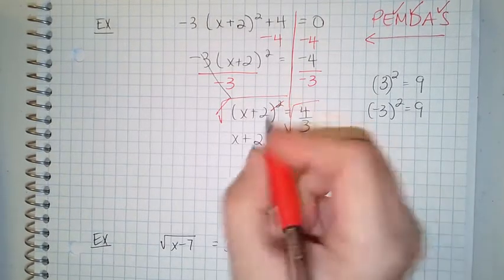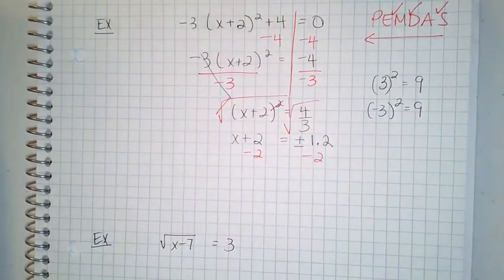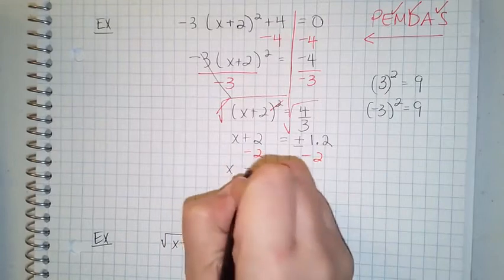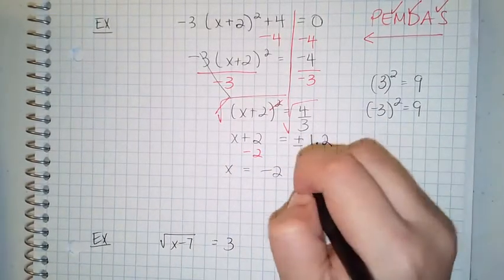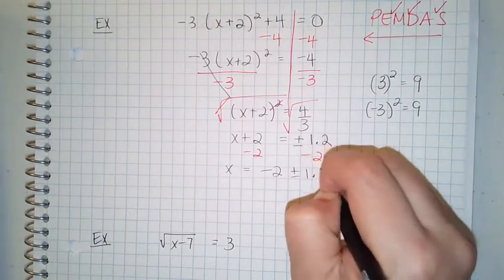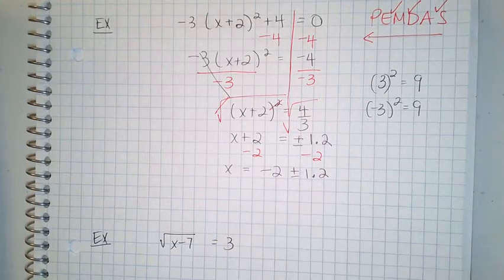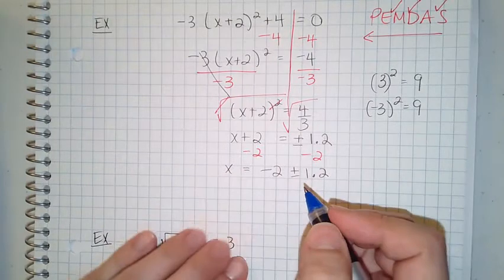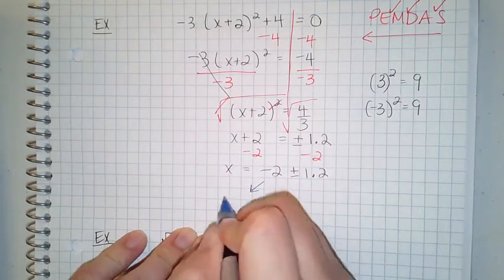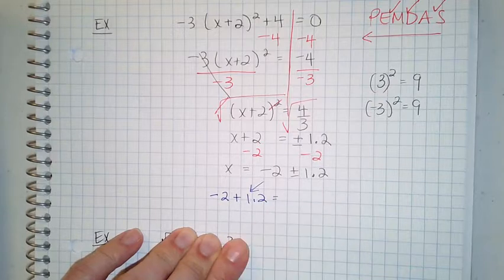Okay, so now I want x by itself, so I'm going to subtract 2 from both sides. And what I get is something kind of interesting. What I get is negative 2 plus or minus 1.2. And I always put the plus or minus second. And the reason why is because this spits out 2 possible answers. So what we have here is potentially negative 2 plus 1.2, okay?